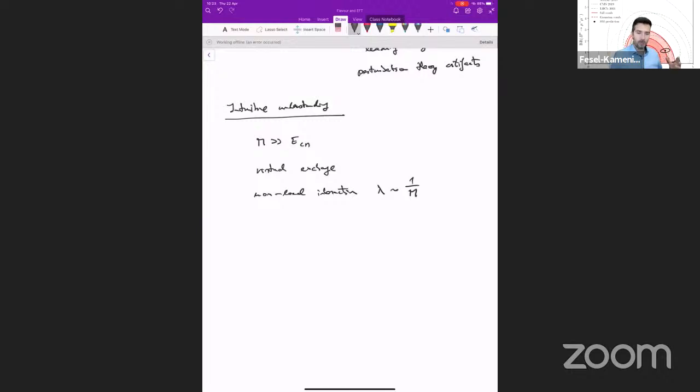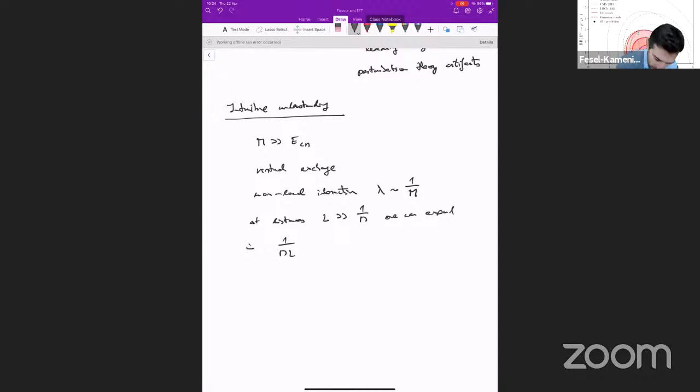Now, if you're doing experiments and performing measurements which probe distances L much bigger than this Compton wavelength, at distances L much bigger than 1 over m, one can then expand in a dimensionless parameter 1 over mL. Okay, and this expansion will be convergent.